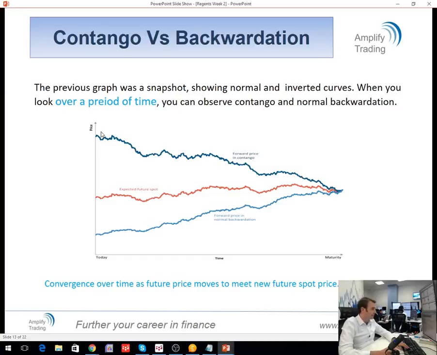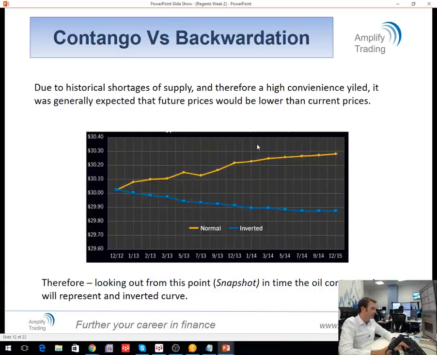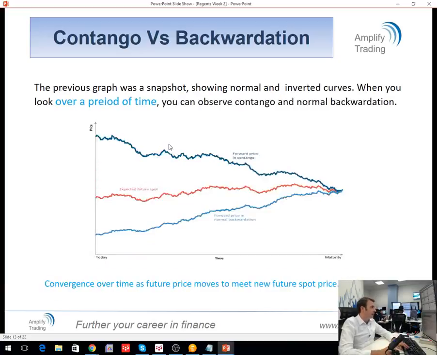So contango, we've got plenty of supply, therefore the price in the future is higher than where it is today, therefore that future price over time will need to move down to the current spot price. Backwardation, there's a very limited supply, therefore a high convenience yield for people to pay more today than tomorrow.